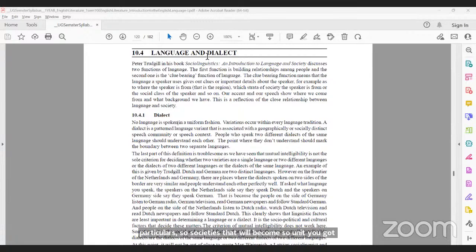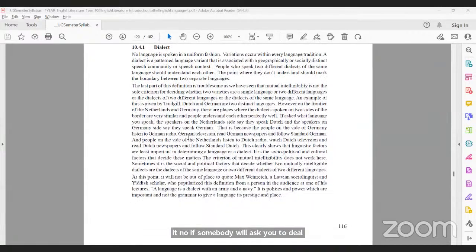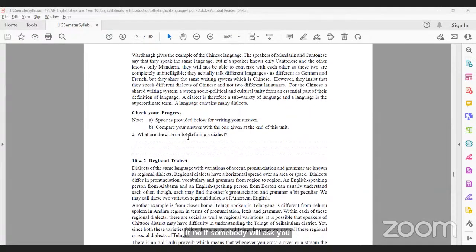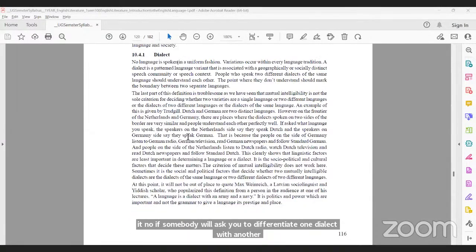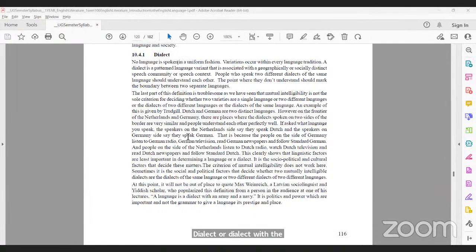Got it? Now, if somebody asks you to differentiate one dialect from another dialect, or a dialect from a language, how will you differentiate? The language is complete in itself. It has its own structure. It is the parent group out of which we have many other variations. And a variation is one kind of form of that parent group, that is, a particular independent language like Telugu.